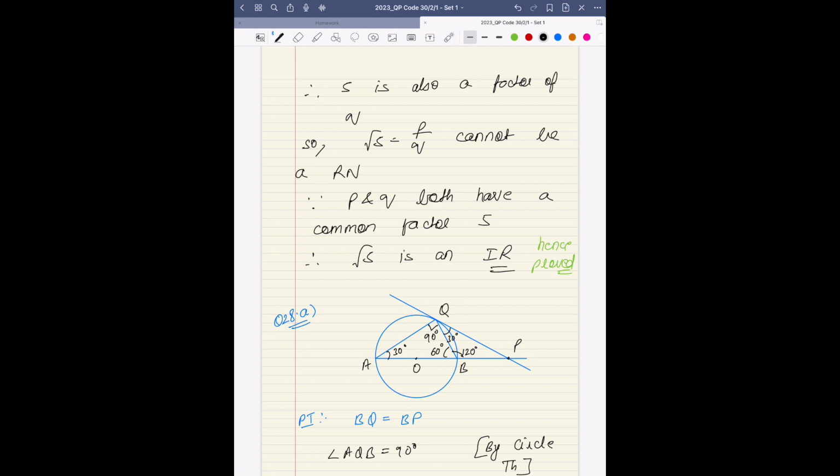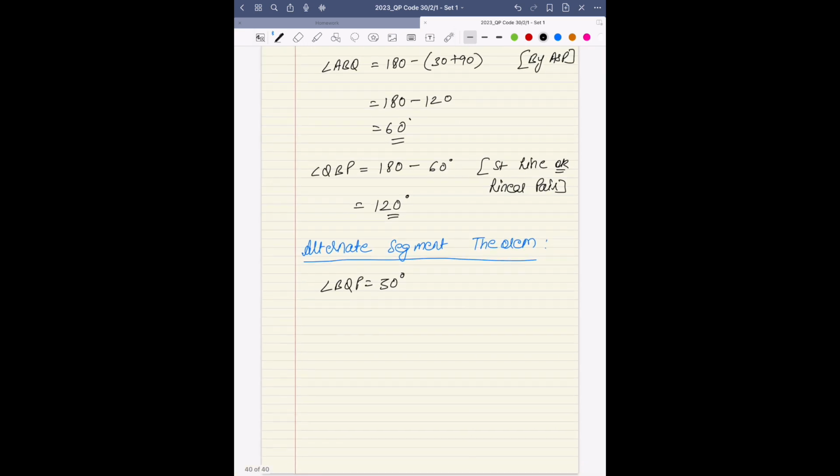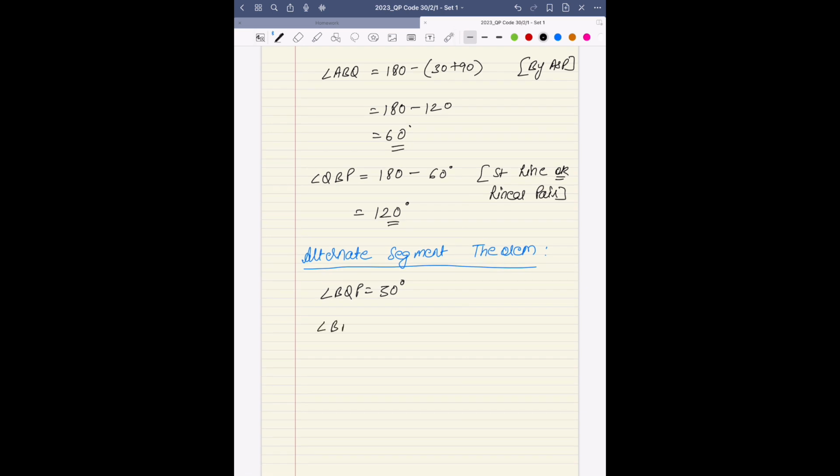If BQP is 30 degrees, then we can easily find BPQ. So angle BPQ will be 180 minus 120 plus 30 degrees by ASP, and hence 180 minus 150, which makes it 30 degrees.